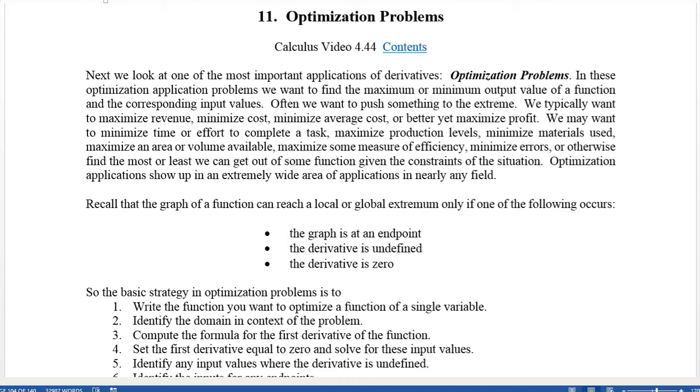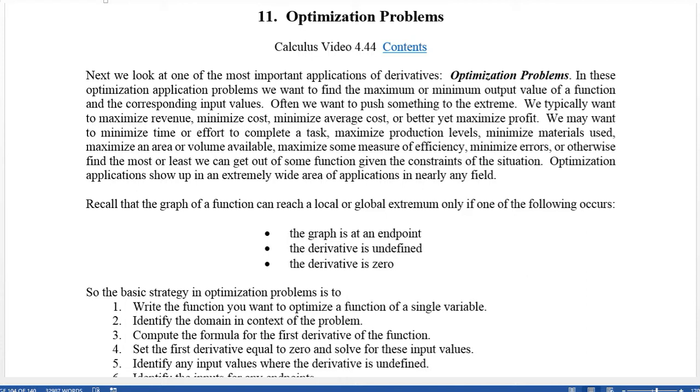So think about it. We often want to push something to the extreme. We may want to maximize something like revenue, or we may want to minimize our cost, or maybe minimize our average cost, or better yet, maybe maximize the profit.